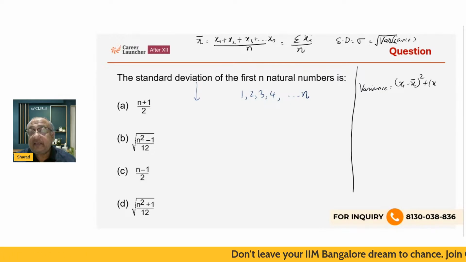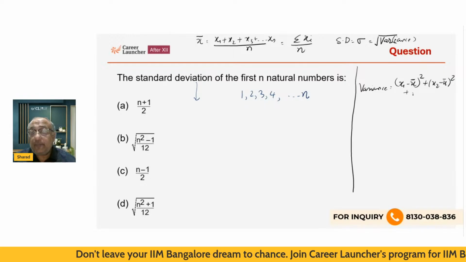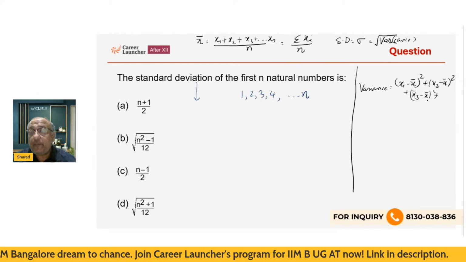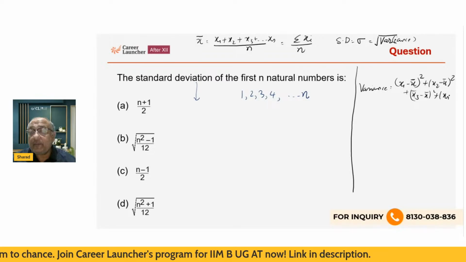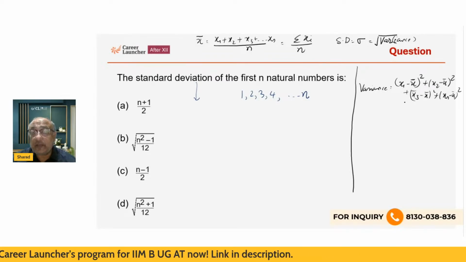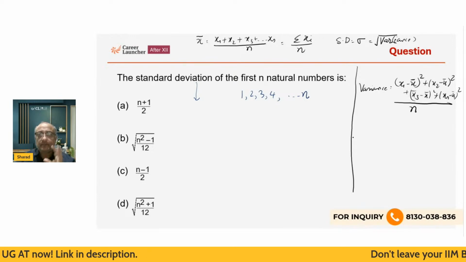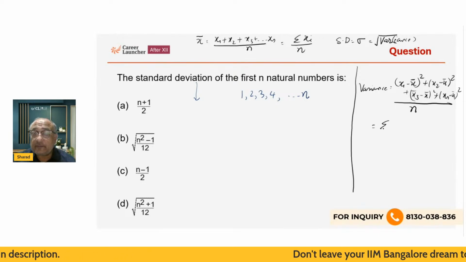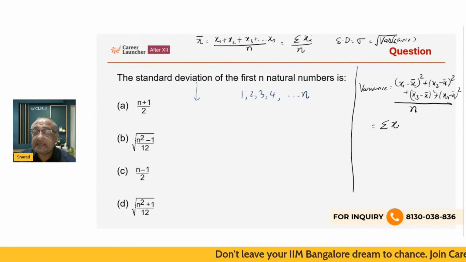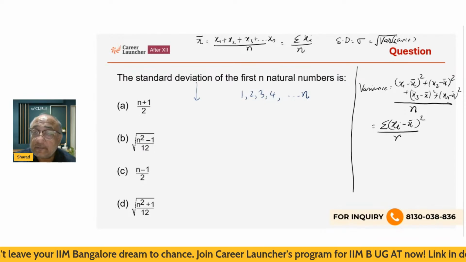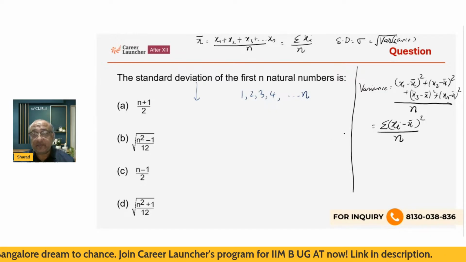Then x2 minus x bar whole square plus x3 minus x bar whole square plus xn minus x bar whole square. This entire thing divided by n. Let us put it in sigma form: sigma xi minus x bar whole square upon n. Understood? Simple. This is variance.